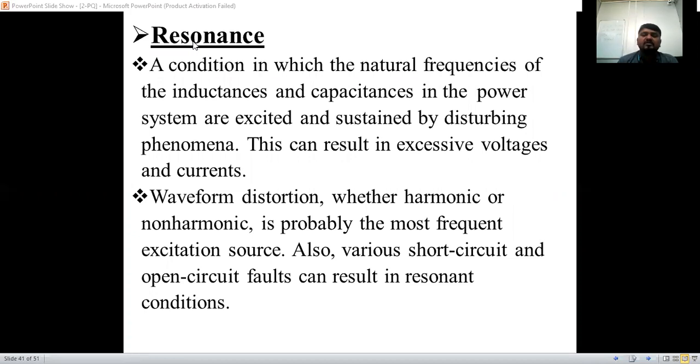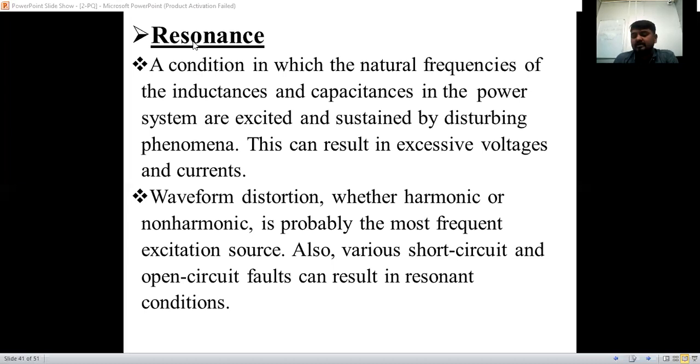Because of these inductances and capacitances, some disturbances are already there. When the disturbances are excited, excessive voltages and currents result. That is what we call resonance, and inductances and capacitances have a natural frequency.